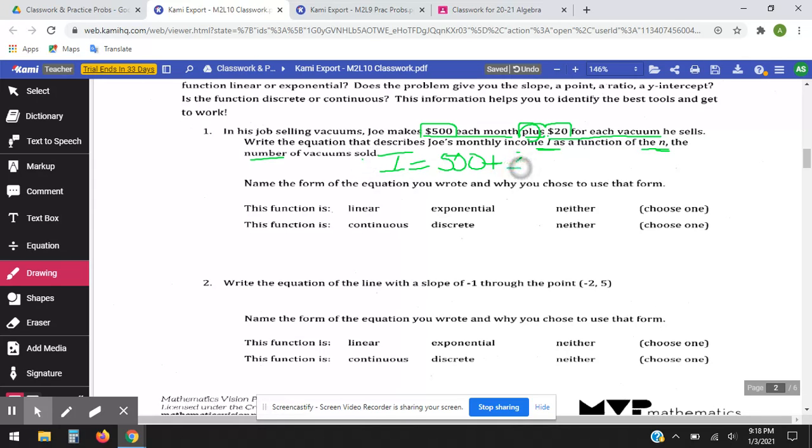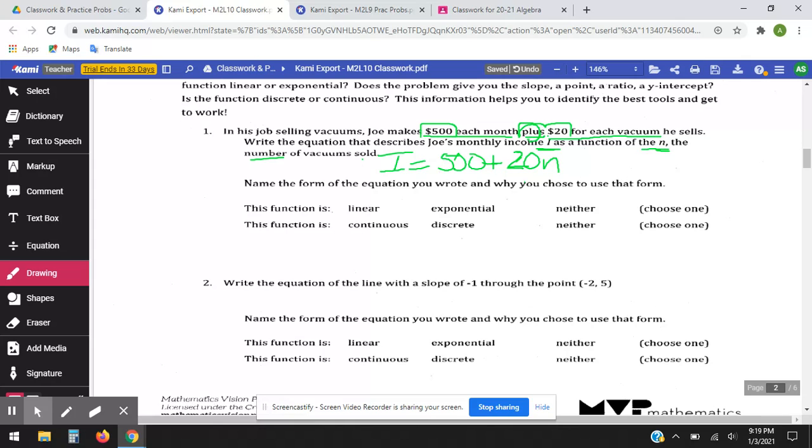So if it's $20 for every vacuum, that would be a multiply. So this equation is set up in linear form, starts with 500, gets $20 every vacuum. That's repeated multiplication.